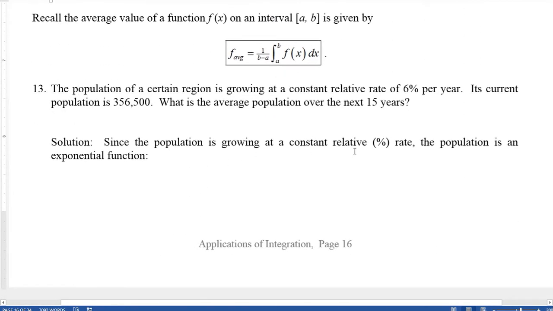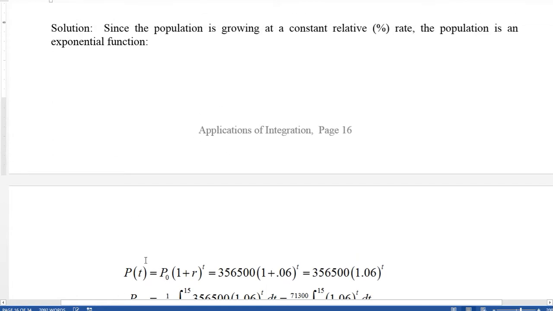Since the population is growing at a constant relative rate, that makes the population an exponential function, which is the initial population times 1 plus the rate to the t power. The rate is 0.06, so that is 1.06 to the t power. When you do this, your rate and your time must have reciprocal units.